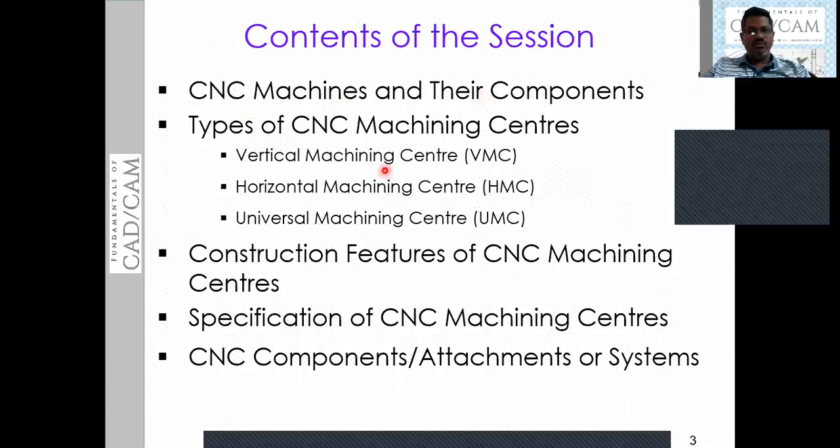We have seen the basic principle of the CNC machine, but we have not discussed it with respect to the components. In the previous sessions, we have seen only the basic working principle, and when we call a machine NC and CNC. NC means we use only a punched card or a tape to feed the program to the machine.